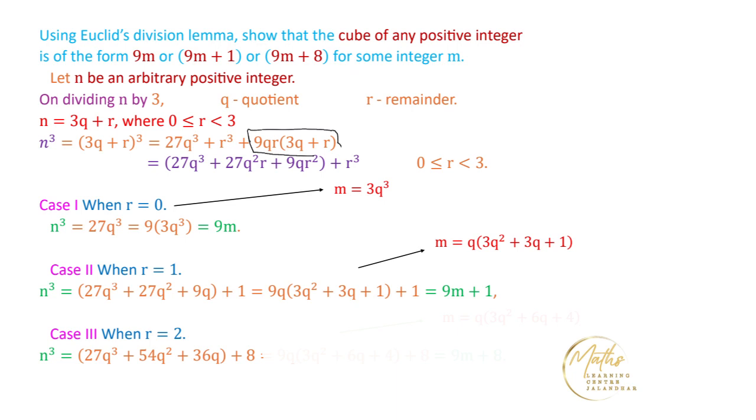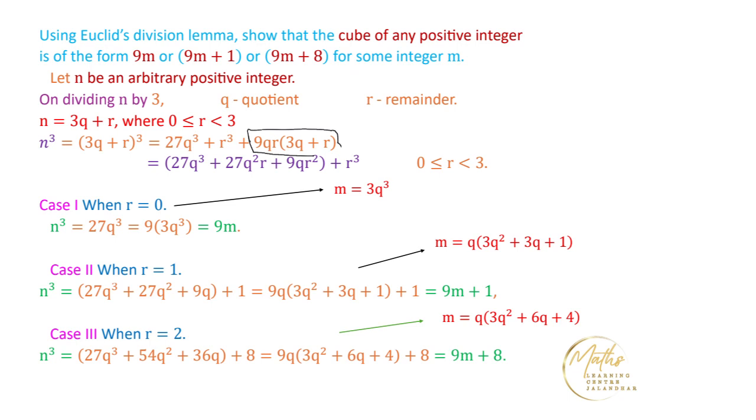Again, if we look at these terms, they are all multiples of 9. So we can take 9q common, and we obtain 3q square plus 6q plus 4, plus 8. If we substitute q into 3q square plus 6q plus 4 equal to m, then n cube is of the form 9m plus 8.